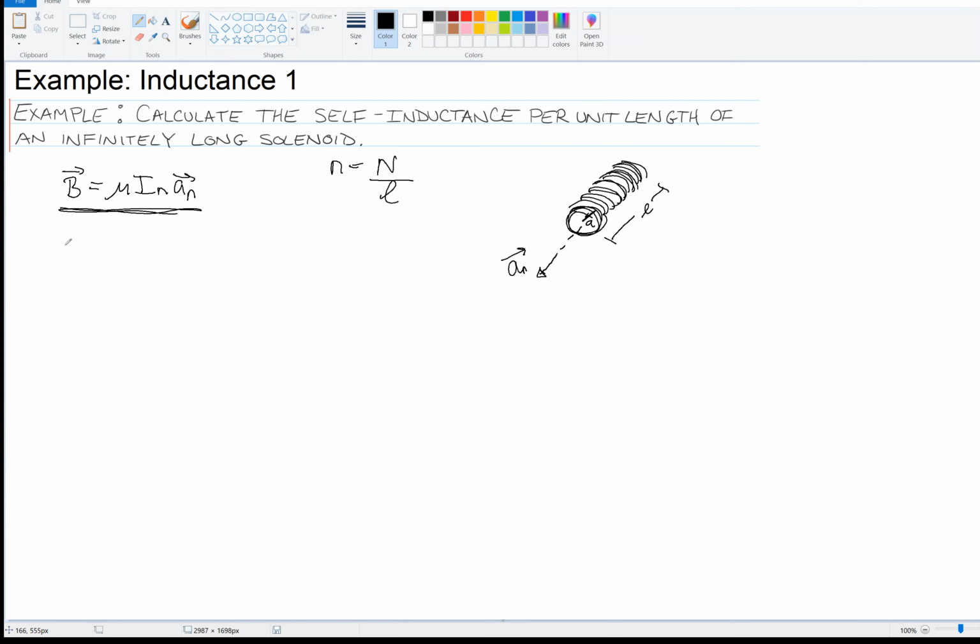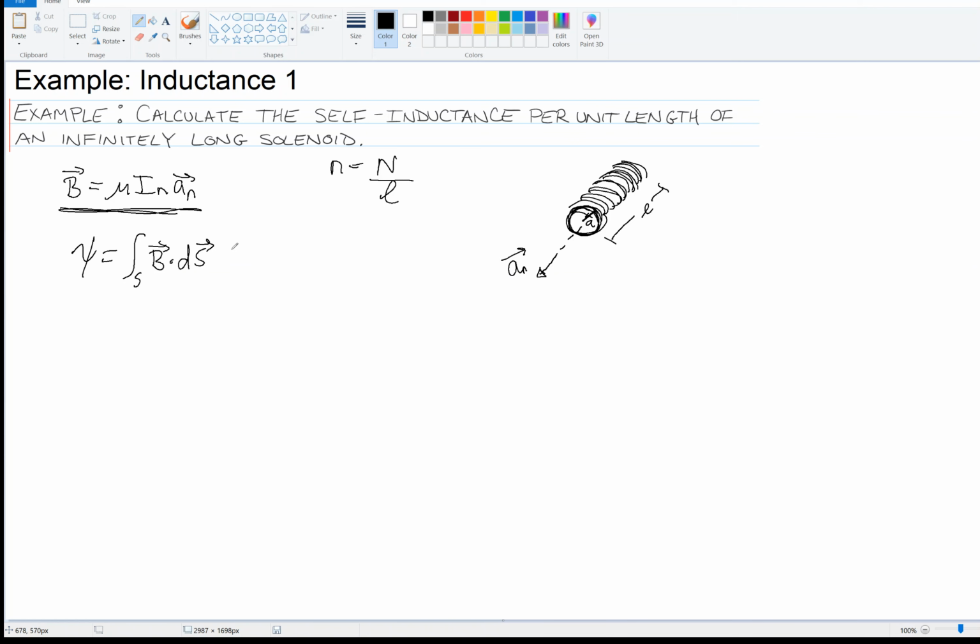Alright, so what I need to calculate the inductance is the flux through each coil. Alright, so that's easily done actually in this case. So what we're going to do is we're going to consider the surface S to be the surface of one coil. So we're going to integrate over the surface of the flux density dotted with the surface vector.